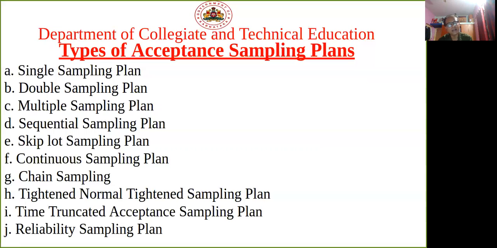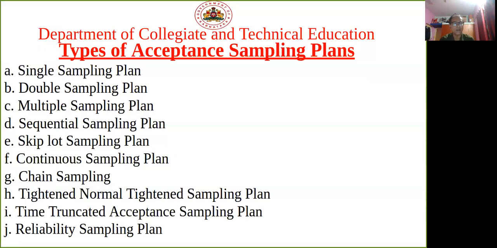At the end of unit 6, you will know exactly what a single sampling plan, a double sampling plan, a multiple sampling plan, and a sequential sampling plan are.